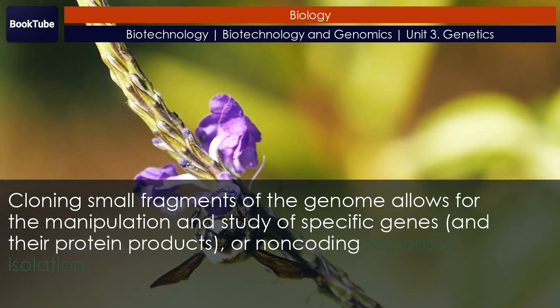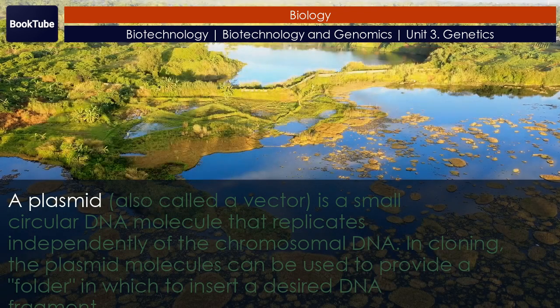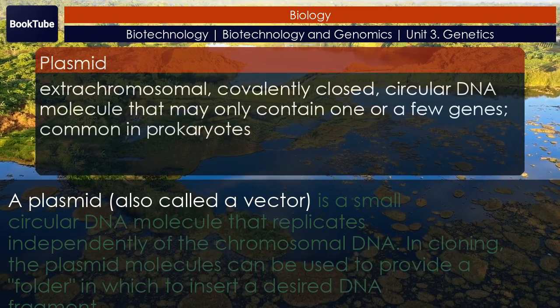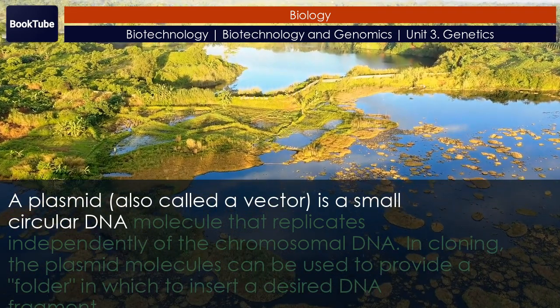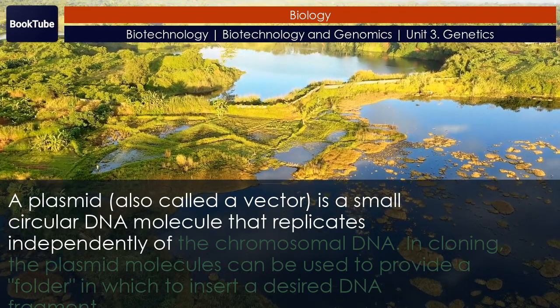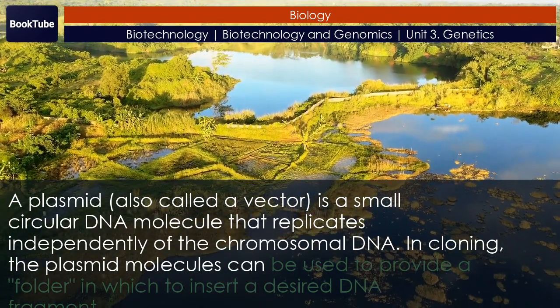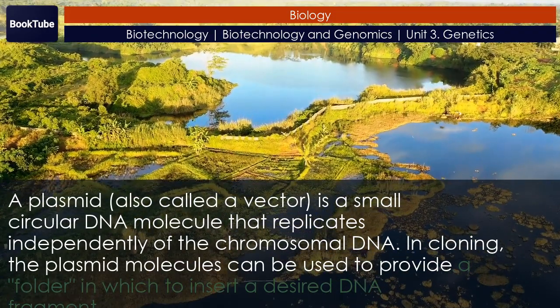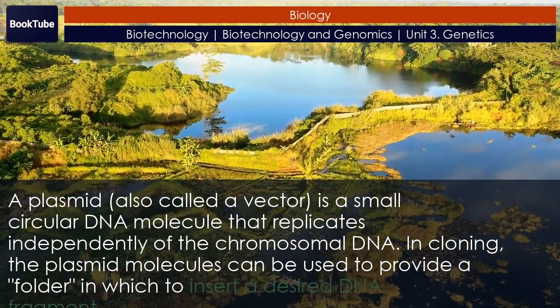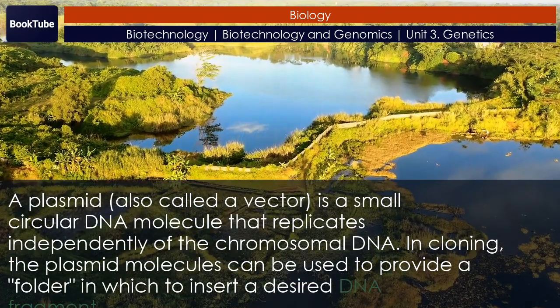Cloning small fragments of the genome allows for the manipulation and study of specific genes and their protein products, or non-coding regions in isolation. A plasmid, also called a vector, is a small circular DNA molecule that replicates independently of the chromosomal DNA. In cloning, the plasmid molecules can be used to provide a folder in which to insert a desired DNA fragment.